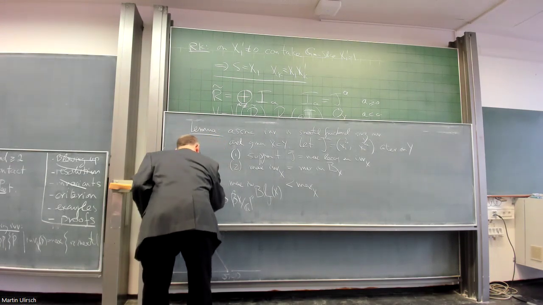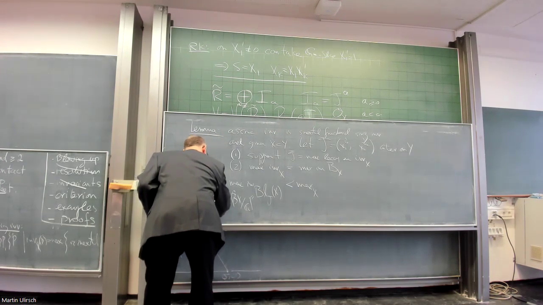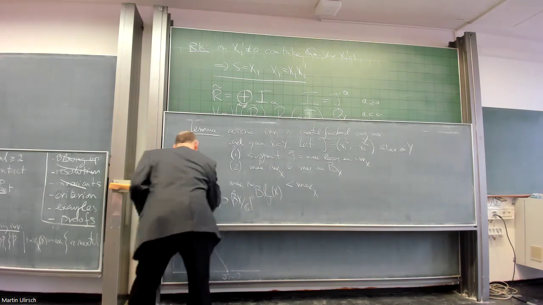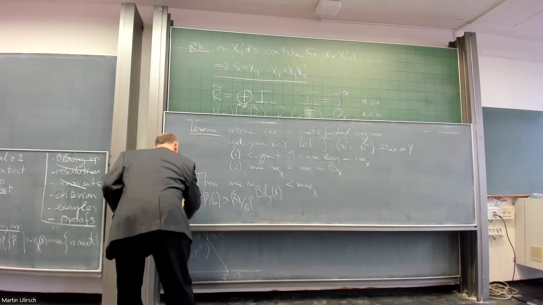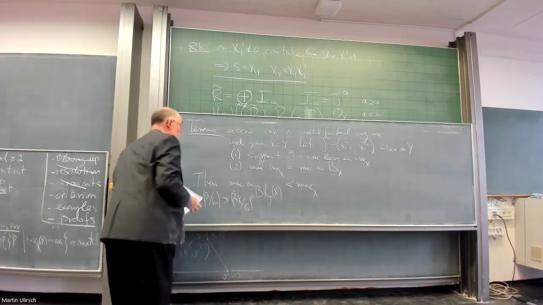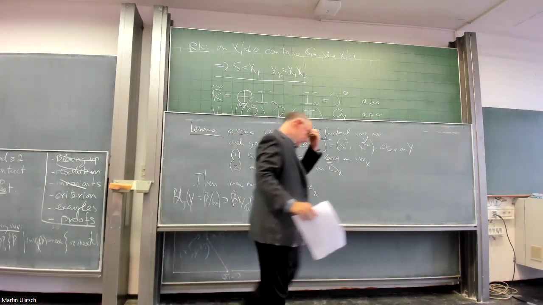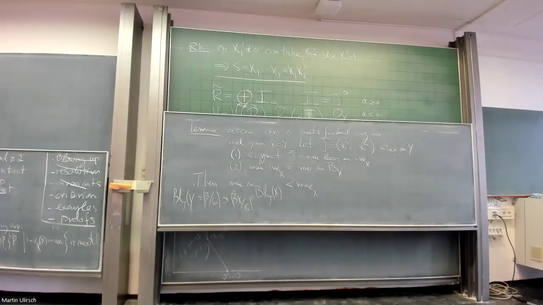That's a substack of B modulo GM, which is the blow up of Y. So what I'm saying is, if I have conditions 1 and 2, if I have a good invariant, then the invariant drops.